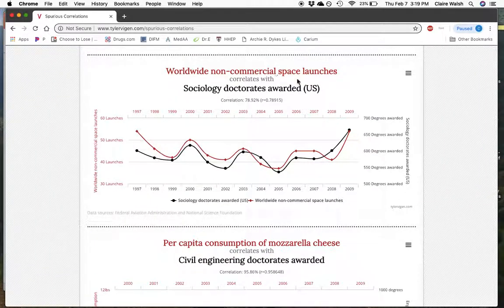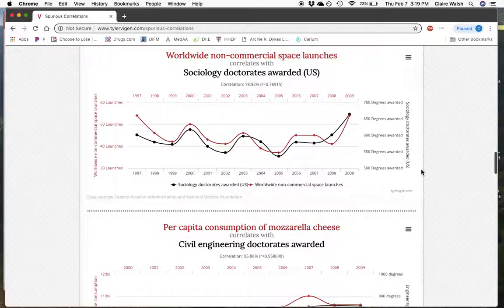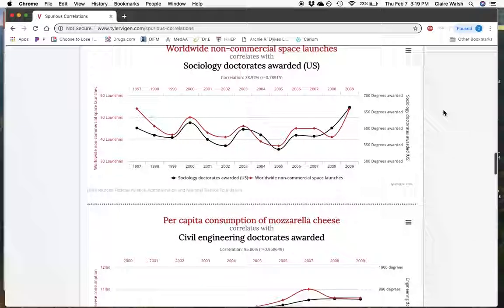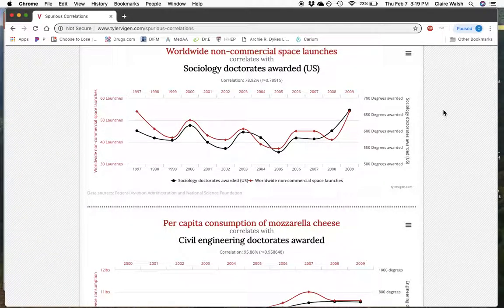Worldwide non-commercial space launches with sociology doctorates. I mean, there's no way that those are connected. They just happen to follow a similar trend line. So look through these on this website if you are interested in a little giggle. And remember, correlation does not equal causation.